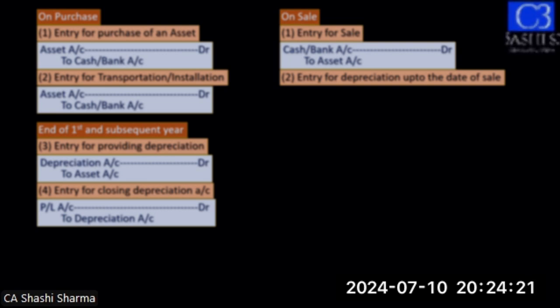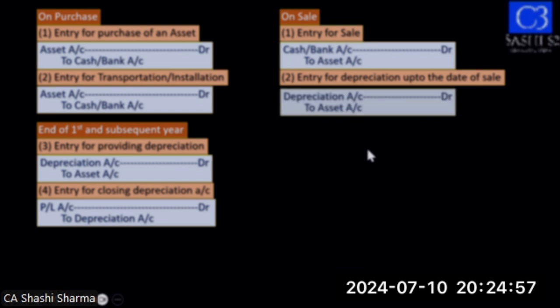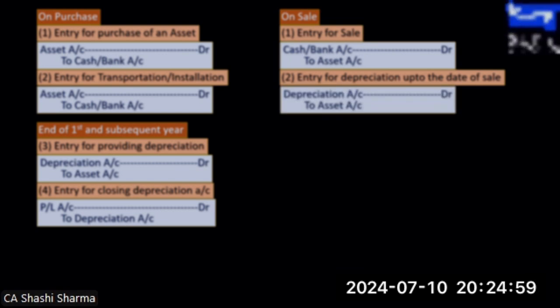The entry made for depreciation at the end of the year consists of depreciation for the full year. But in the year of sale, you have to calculate depreciation for the period for which it has been used. It may be 2 months, 1 month, or suppose at the very beginning of the particular year the asset has been sold, then you need not provide depreciation. So the entry will be the same, depreciation to asset account.